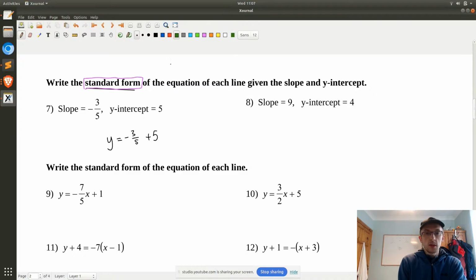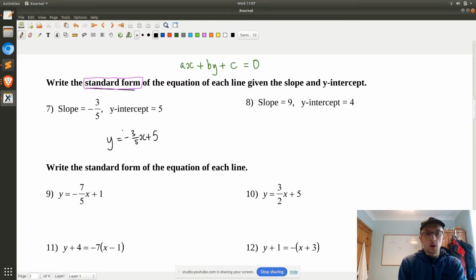Standard form looks like this. Ax plus by plus c equals 0. Okay? So, oh, whoops, I missed out the x here. My fault. Okay, so it's not going to be this.